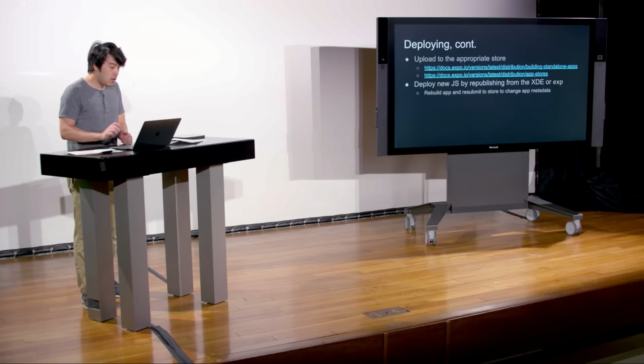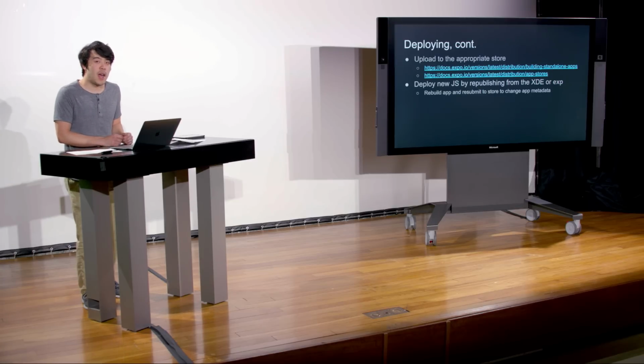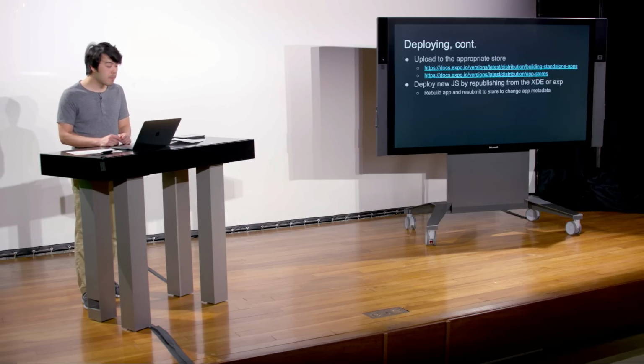And so by republishing from the XDE or using that exp script, you can deploy a new JavaScript bundle and push it over the air to your clients without having them re-download the app from the App Store itself. Though if you want to change any application metadata, like the name of it, then you're going to have to resubmit it to the store.